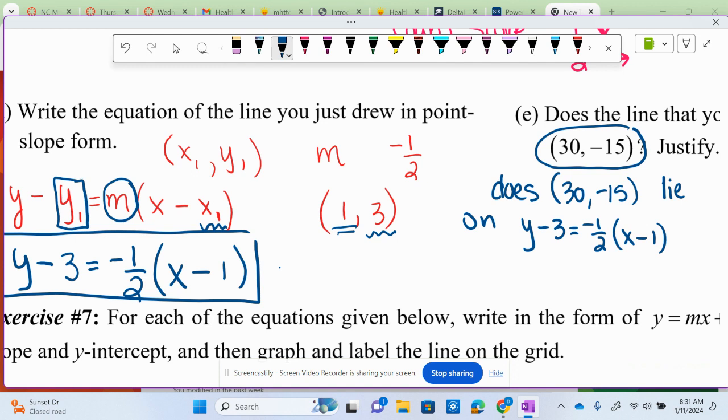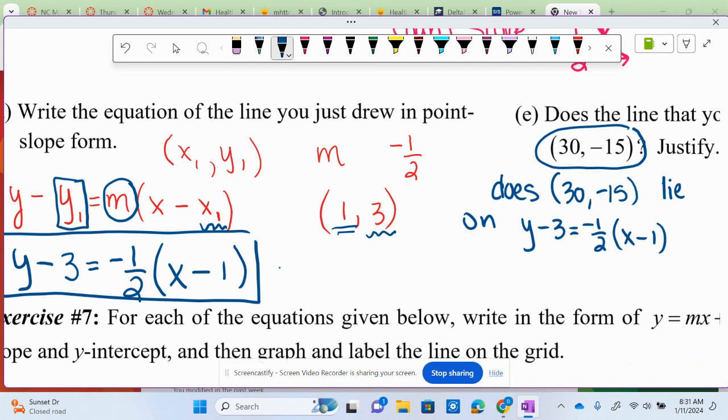What does 30, negative 15 tell me? What does the 30 represent? A what value? It represents an x value. Sorry, 30 represents an X value. Okay. What does the negative 15 represent? A Y value. Okay.